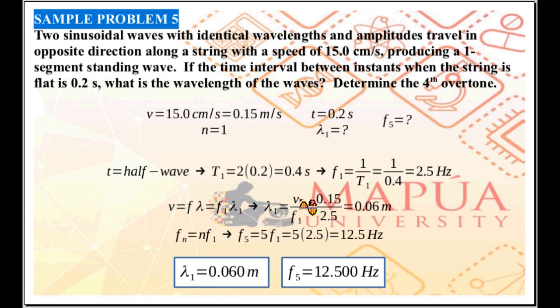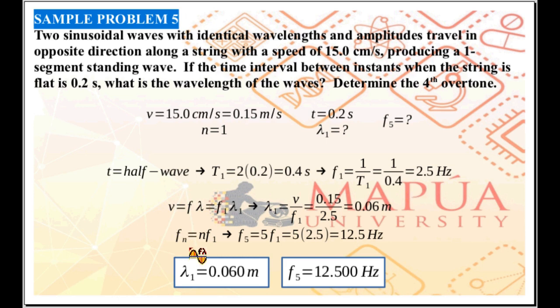Lambda 1, therefore, is just V over F1. We're able to determine the wavelength. Lambda 1 is equal to 0.060 meters.